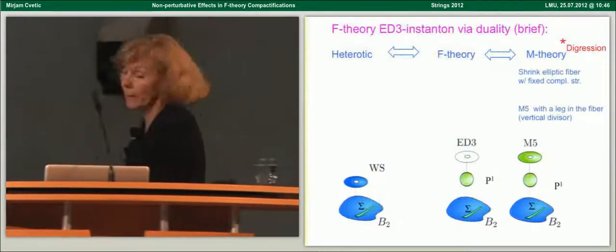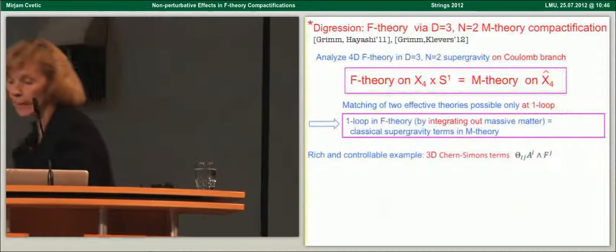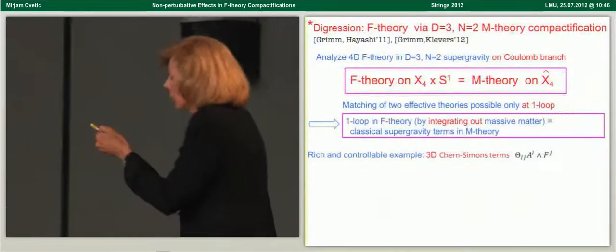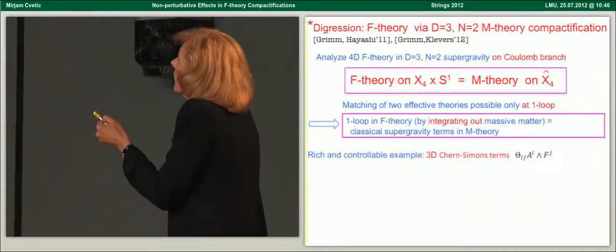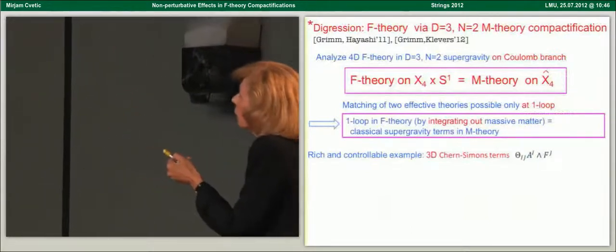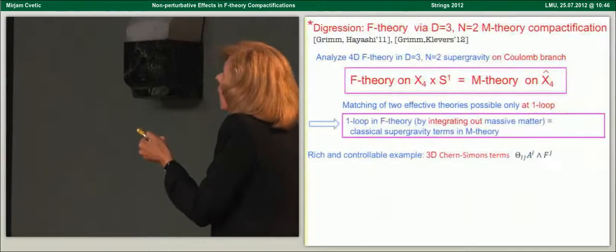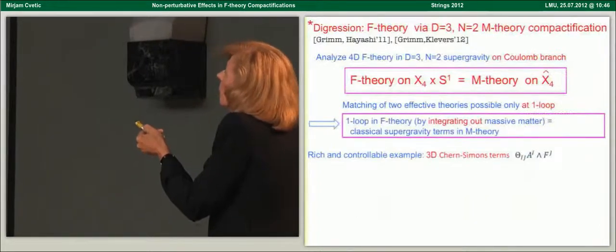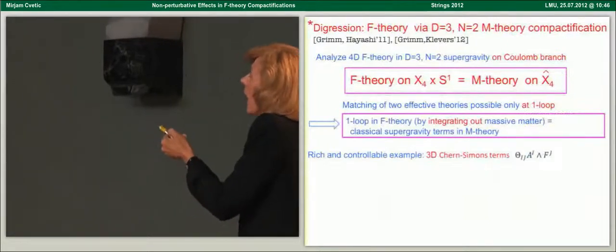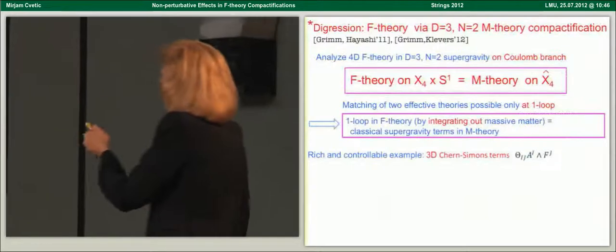I don't have time, but I can't help highlighting a short slide that addresses some of those things directly in M-theory, some of the issues of F-theory physics, by using the 3D M-theory duality, namely describing four-dimensional F-theory in a Coulomb phase in terms of a further circle-compactified theory down to 3 dimensions, which we then relate to M-theory compactified on a dual non-singular fourfold.